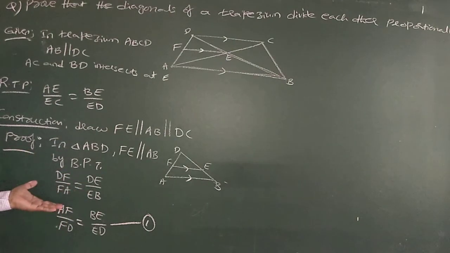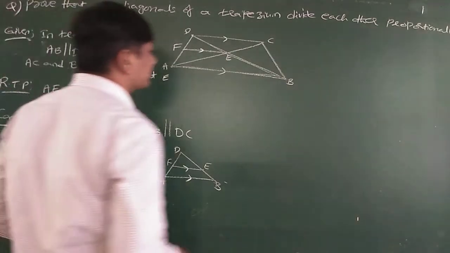If you take the reciprocal, AF by FD is equal to BE by ED. This is equation number 1. Is it visible?